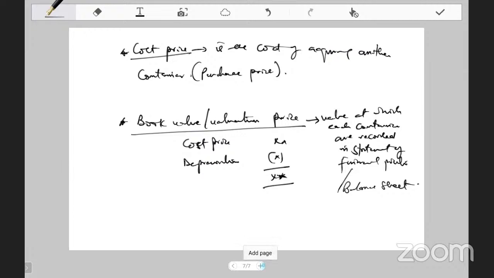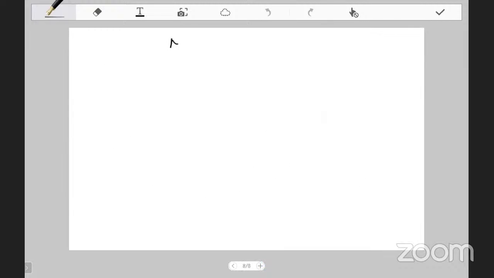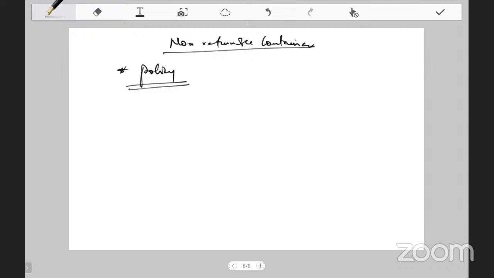Now, another thing we need to learn is that when we are talking about returnable container, you need to learn what we call policies. There are policies that are around returnable container, not non-returnable. And the policies are very simple. We talk about duration.